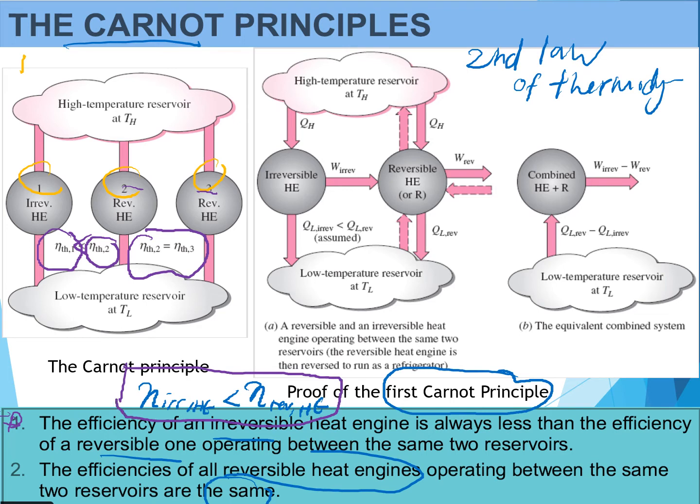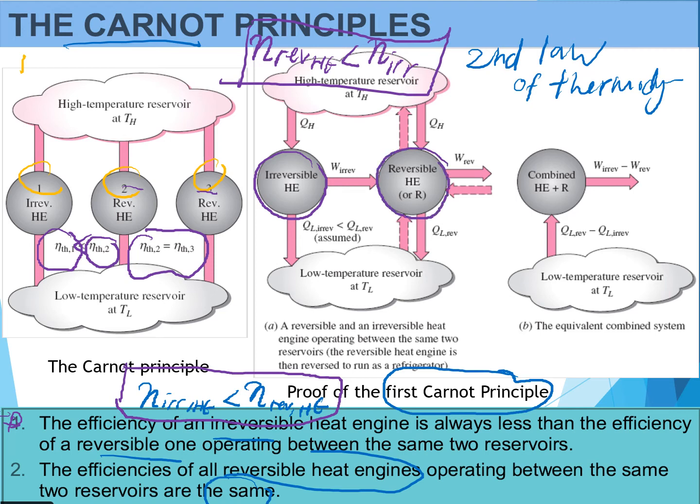So if we violate this principle, meaning that the efficiency of the reversible heat engine is less than the efficiency of the irreversible heat engine. So in this figure, you have one irreversible heat engine and another reversible heat engine. So the efficiency of a heat engine is equivalent to what?